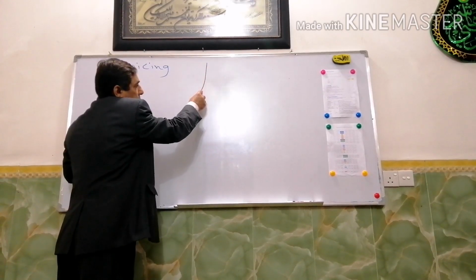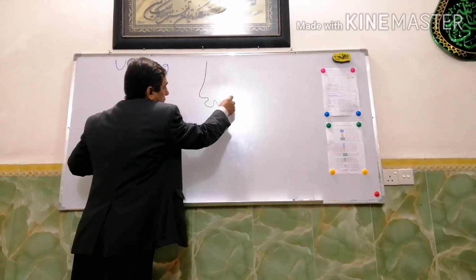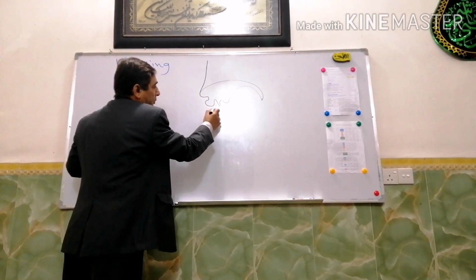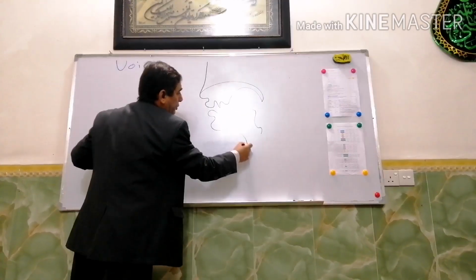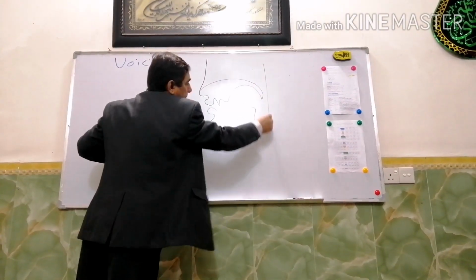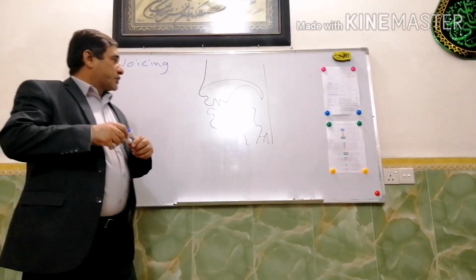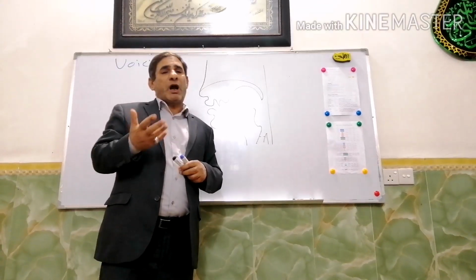Now, this is a figure or a diagram which shows the organs of speech or the articulators. Now, what do we have here?